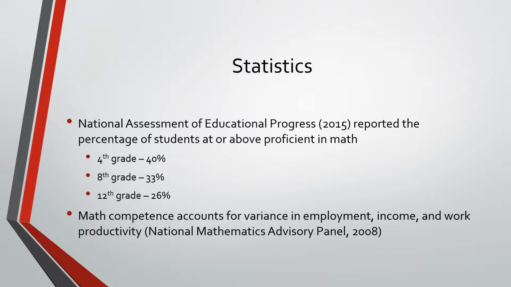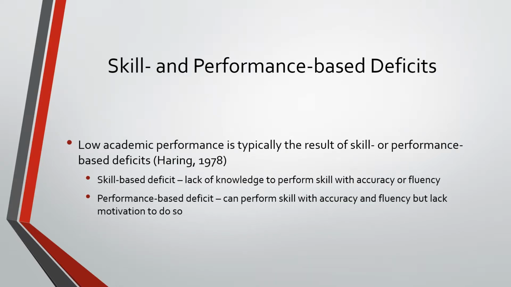And so we really want to focus on these things and remediate these areas because the National Mathematics Advisory Council in 2008 noted that math competence accounts for variance in areas such as employment, income, and work productivity. When we're looking to remediate academic skills, low academic performance is typically the result of either skill or performance-based deficits.